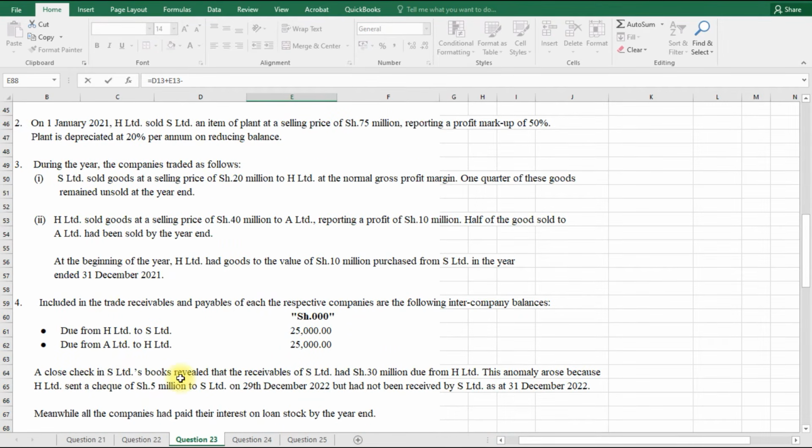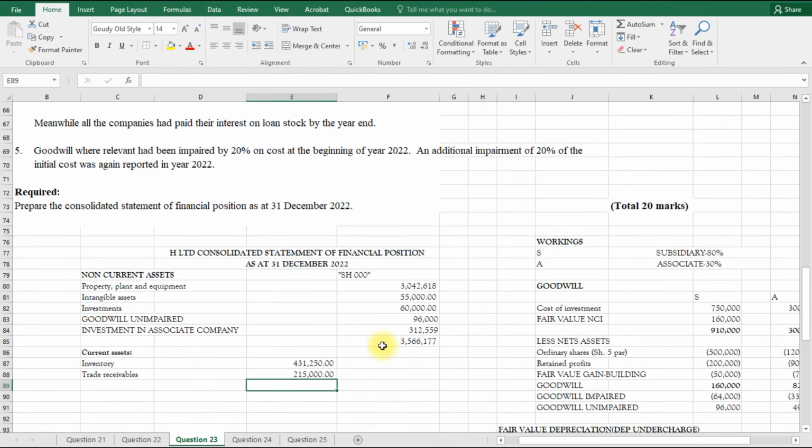But here, cross check in S limited books revealed that the receivable of S had 30 million due from H. This anomaly arose because H sent a check of 5 million to S on 29th December, but it had not been received by S. So you'll find that there was an intercompany cash in transit. So we shall minus in the receivable 30 and we shall add in the cash 5. So here we minus 30,000, I put okay. That will be our 215 after minusing that.